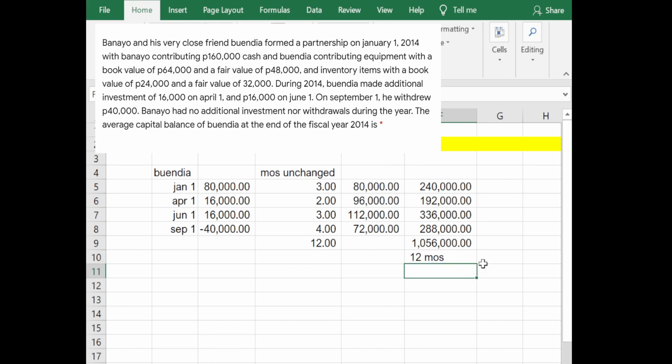So 1,056,000 divided by 12 months, and our answer for this problem is 88,000. The average capital balance of Buendia at the end of the fiscal year 2014 is 88,000.